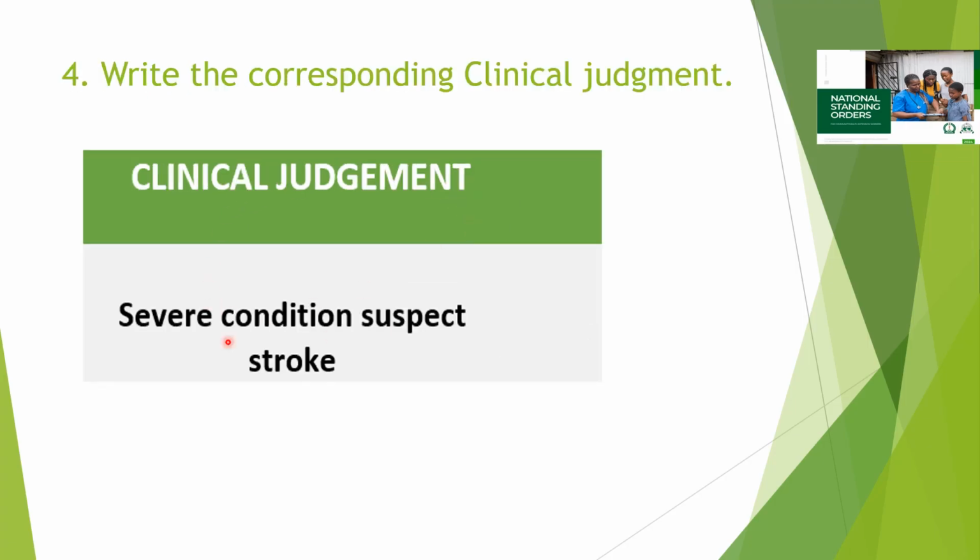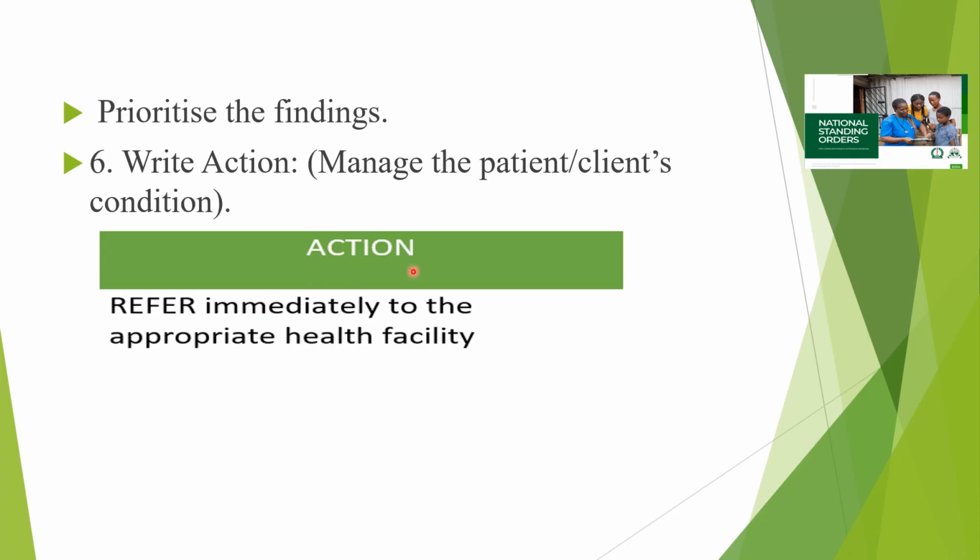The clinical judgment says severe condition, suspect stroke. So that confirms it. In the case of Mr. Olorumola, the question says that he is suspected of having stroke. So that is why we are choosing this one again. Then the action says refer immediately to the appropriate health facility.